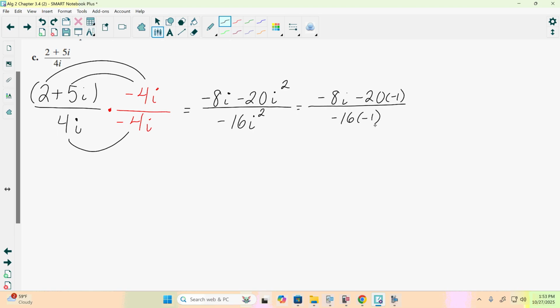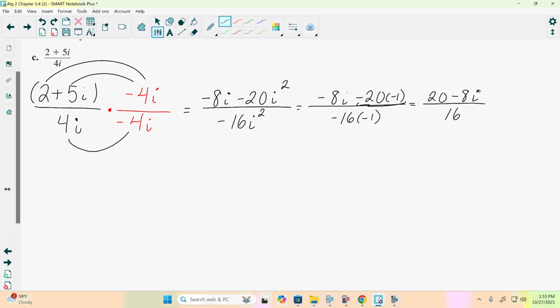On top and bottom, we don't have any like terms, but we can't leave i squared. We can't leave i to a power. So we're going to switch it to negative 1. Now on bottom, we have 16 times negative 1, which is going to be positive 16. Now our 20 times negative 1 is going to be positive 20.